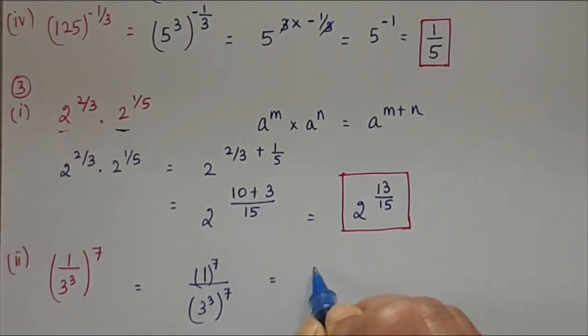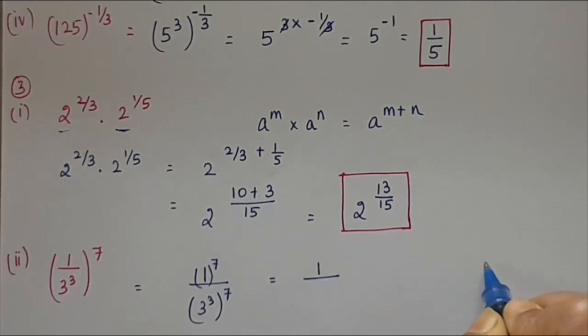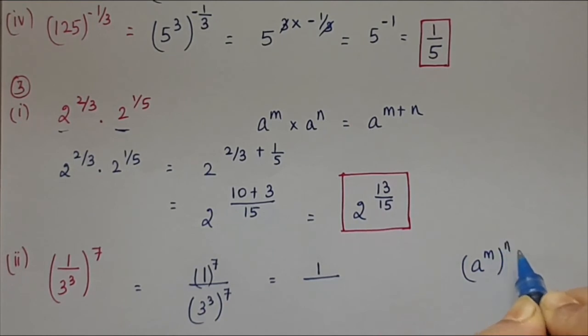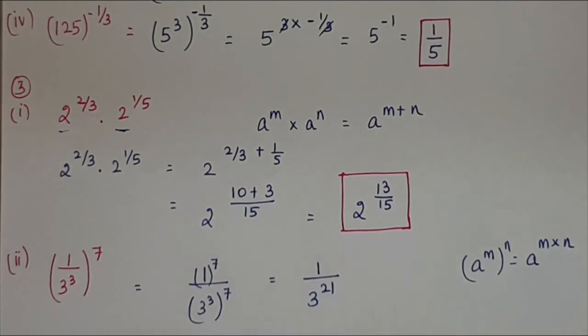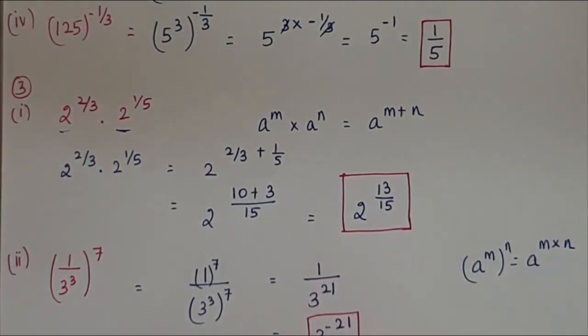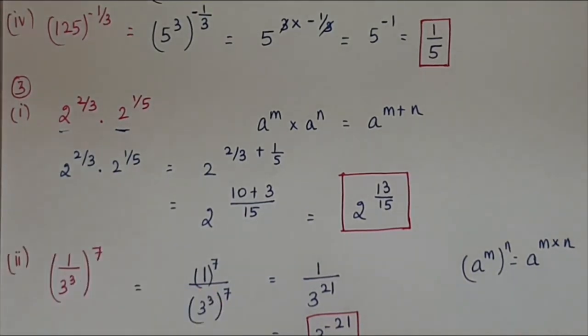So 1 power 7 is 1 by, here in the denominator part I am going to use the property a to the power of m the whole power n is equal to a to the power of m into n. So 3 power 21, which is equal to 3 power minus 21. So you can write 1 by 3 power 21 or 3 power minus 21 as the answer.